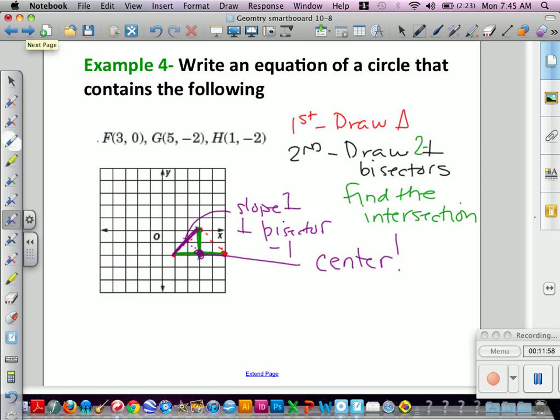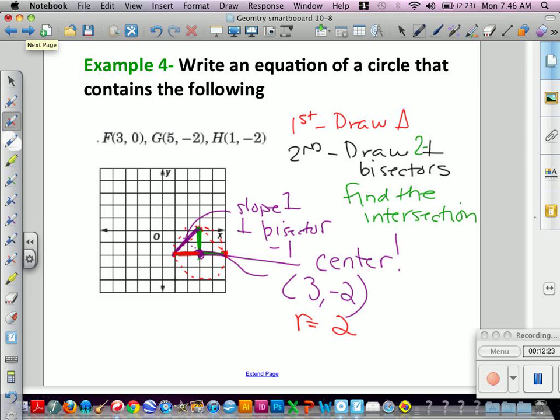All right, so I just found my center. That center point is 3, -2. And if you look now, people, this is my center, then this is going to be my radius right here. My circle is going to be coming around like this. So my radius is going to be 2.